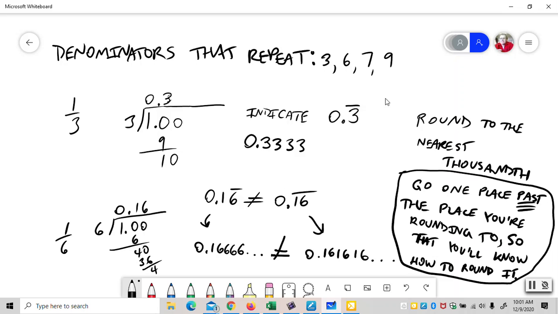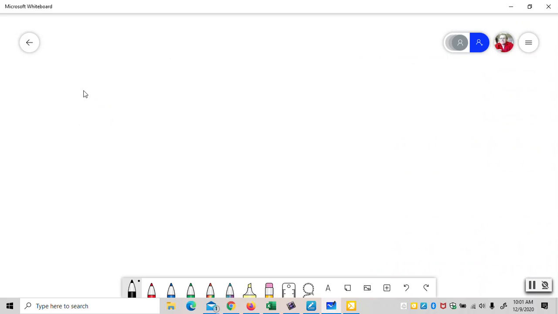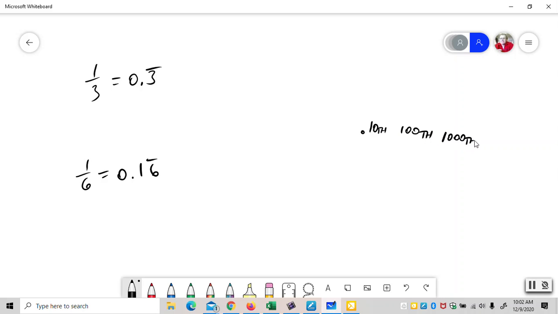What do I mean? So let's go back. We said 1/3 equals 0.3 repeating, and 1/6 equals 0.1 with a repeating 6. So you have the decimal, then you have tenths, then hundredths, thousandths, then 10,000ths.